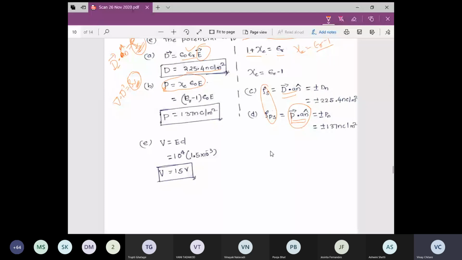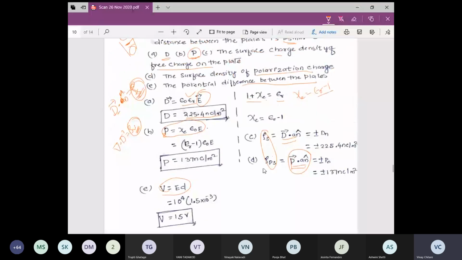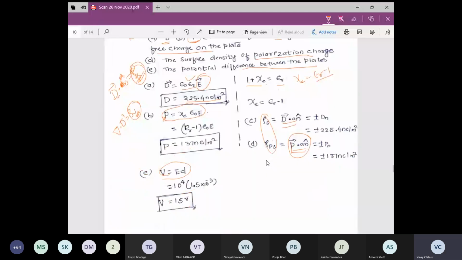Then there was the potential difference; they asked what it is. You could see that the electric field is really uniform. And if it is uniform, V equals E into L, where L is nothing but d, so V equals E into d.